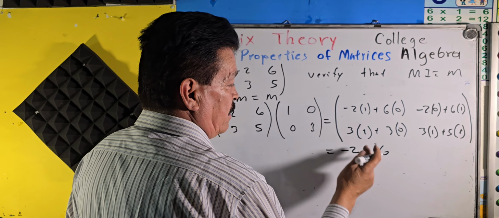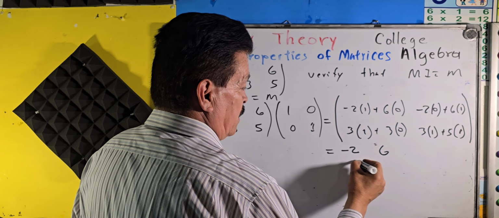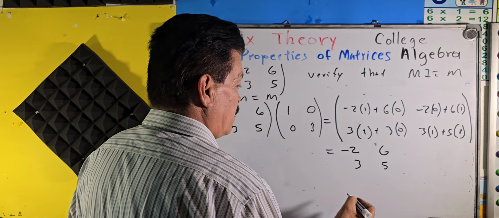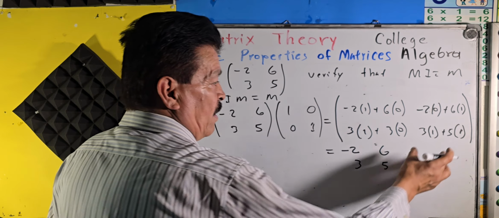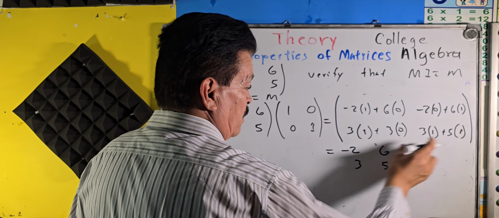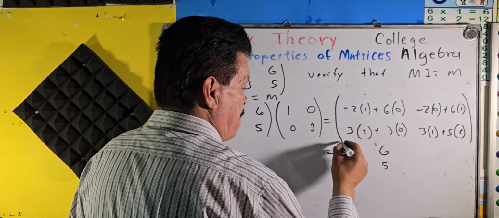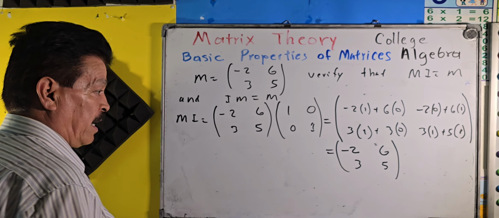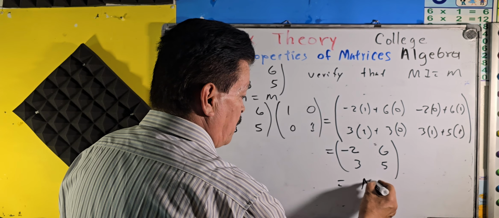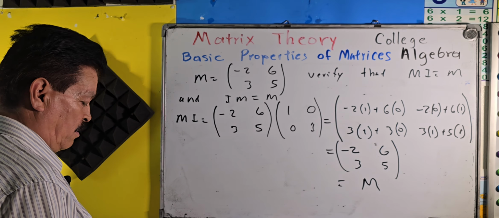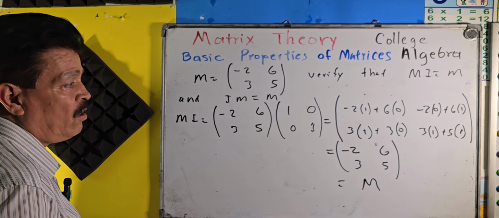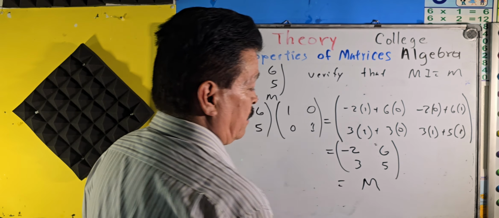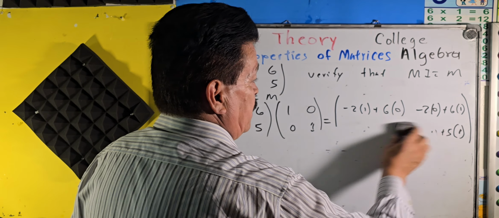Here 3, and this is 0, so it's 5. 3 and 5, right there. That's the answer. Okay, so this is equals M, right? So that's the first one.